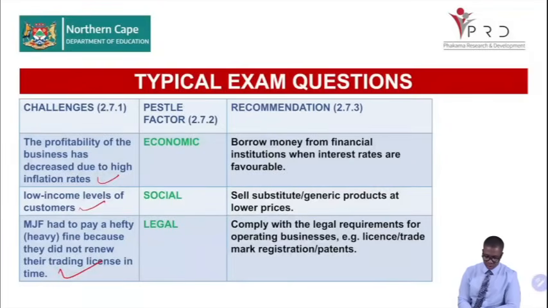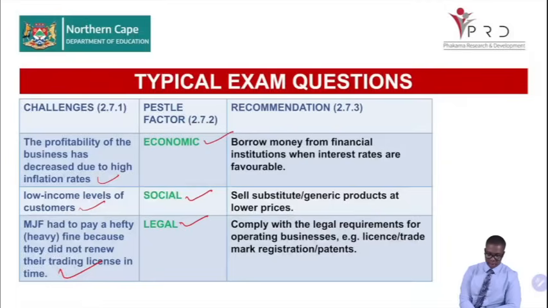Then when you look into the factor that links to the challenge, this is a legal one because you cannot operate a business without a trading license. It makes the business not to be legal. Then this is a social one because it's a socio-economic factor to have customers having less money to spend. And then economic factor because profitability has done what?